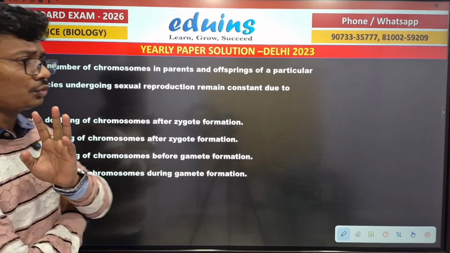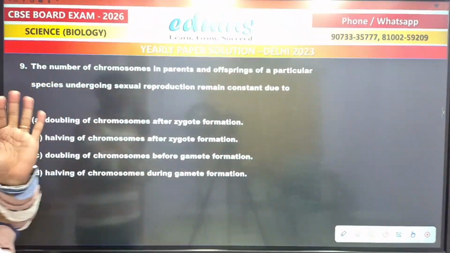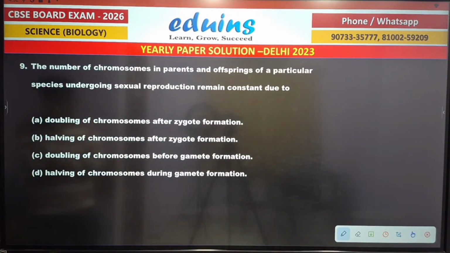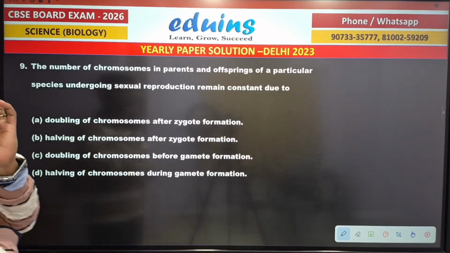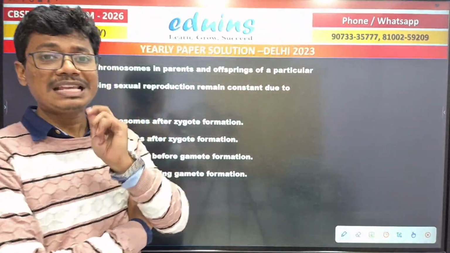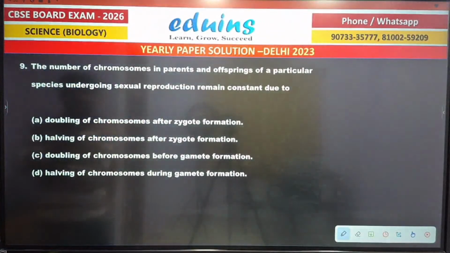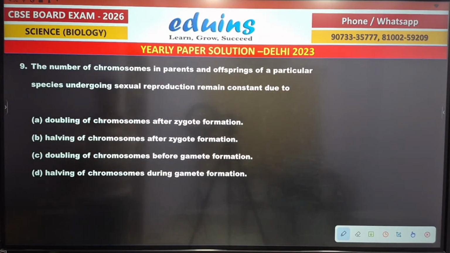We have already discussed that why the sexual reproducing organisms have the same number of chromosomes. Option क्या दिया हुआ है? Doubling of chromosome after zygote formation, halving of chromosome number after zygote formation, doubling of chromosome before gamete formation, halving of chromosomes during gamete formation. So very easy this is.